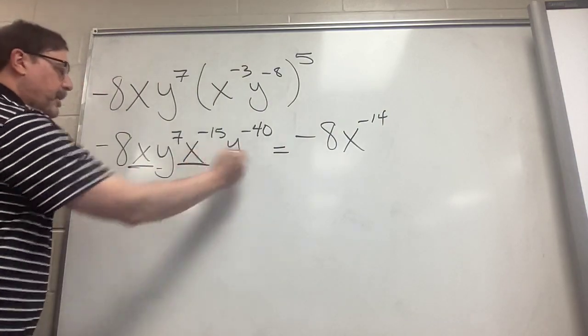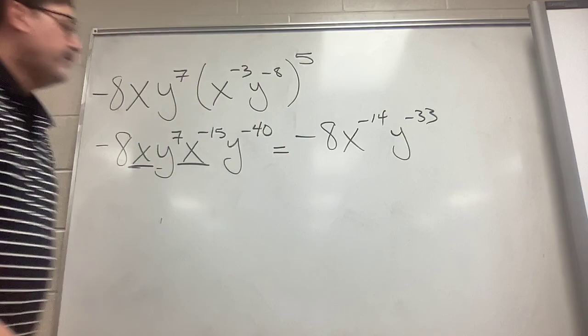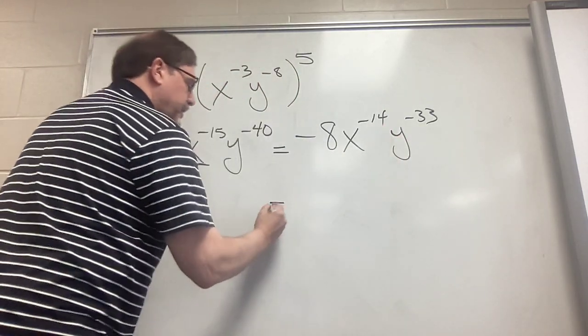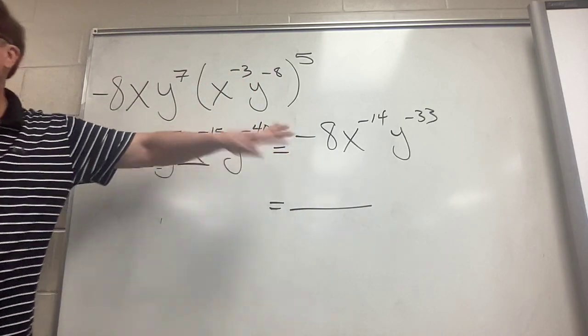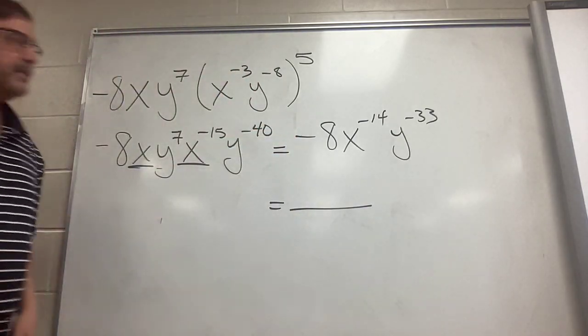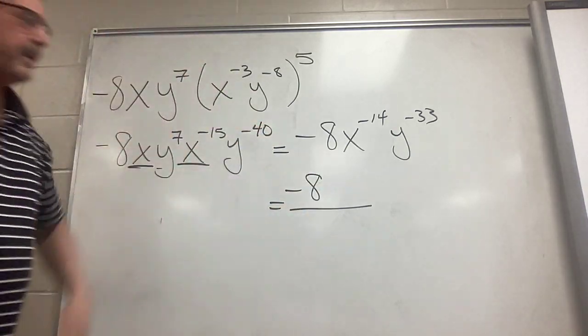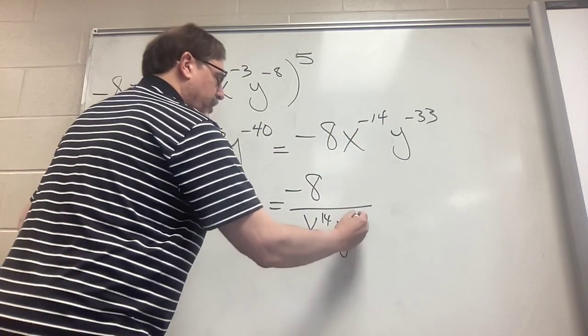I'm going to combine my y's. These are all over an unshown one. Repeating again, this is not an exponent, that's a -8. It stays -8. X to the -14, y to the 33rd.